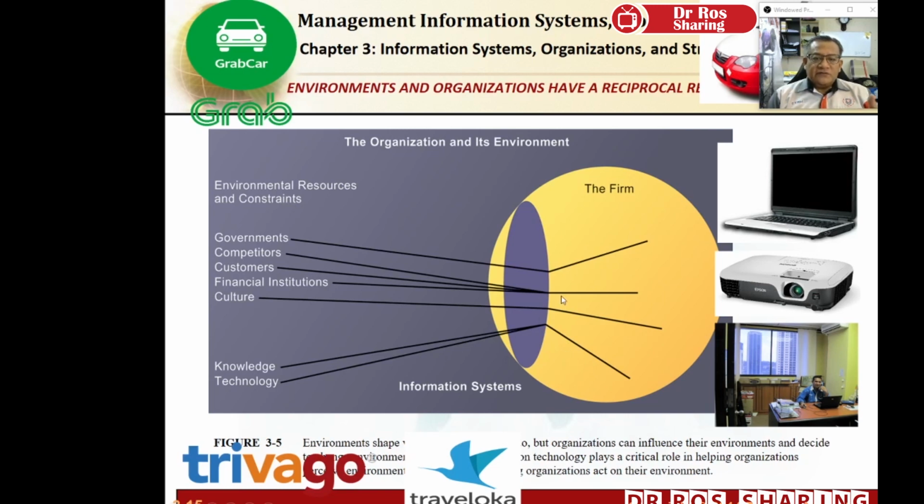So the firm, Fujitsu, sees how their customers provide good service or good sales to them, right? The firm also sees the financial institution as giving them financial support, such as loans in order to expand their factory.